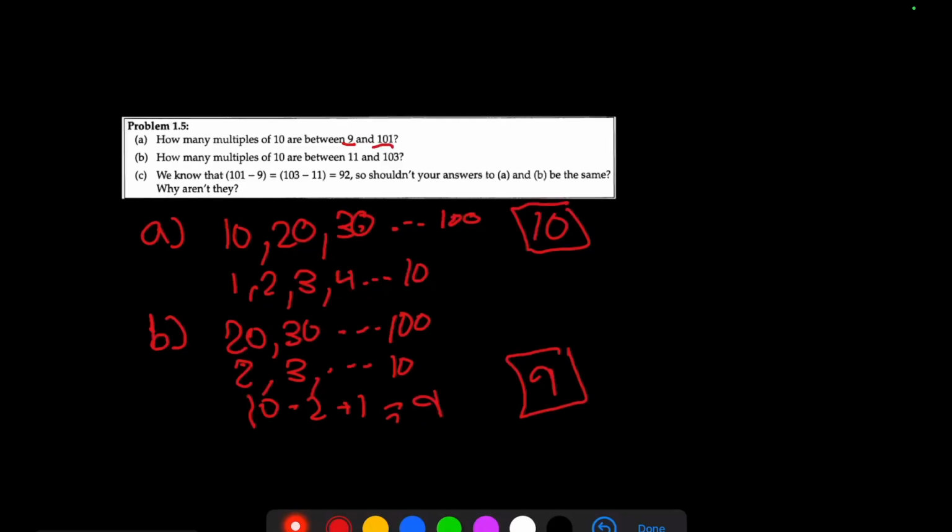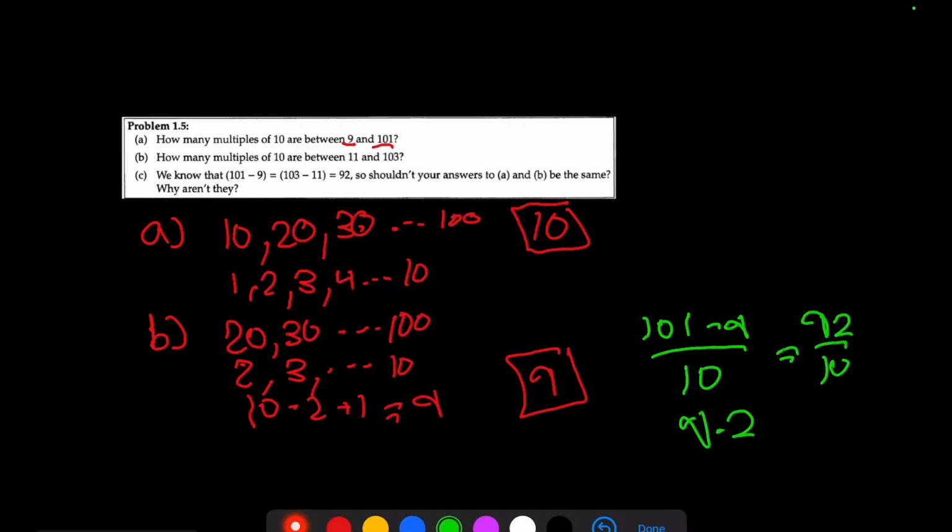So, if you actually use our formula, or the shortcut we created earlier, what do we get? 101 minus 9 over 10, which gives you 92 over 10. And you get 9.2 different multiples.